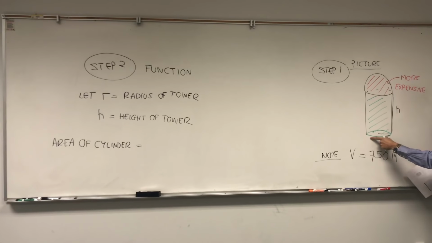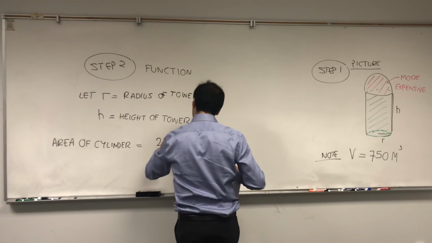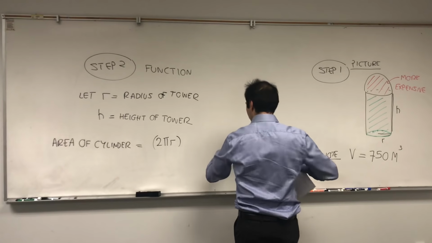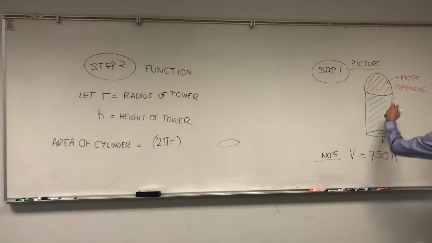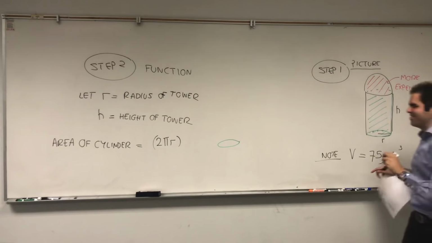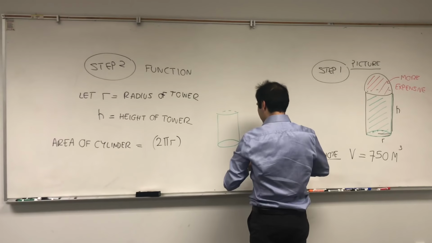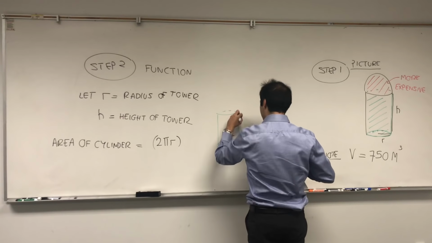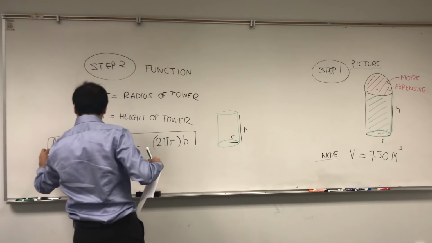You have to take the circumference of this circle, so 2 pi r. Again, just the circumference of this circle. And you have to multiply this by the height, because you're essentially having a bunch of circles piled up, kind of h of those, more or less. So again, it's just 2 pi r h. So that's the first thing.